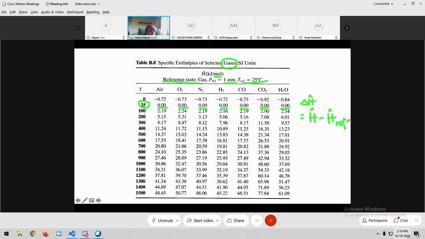So your reference enthalpy, you set it to be 0. So whatever value you get, for example, at 100, that is the value for that first value. So that is actually a difference between that value and 0. So that's what you get, 2.19. The same thing if you do it for delta U.